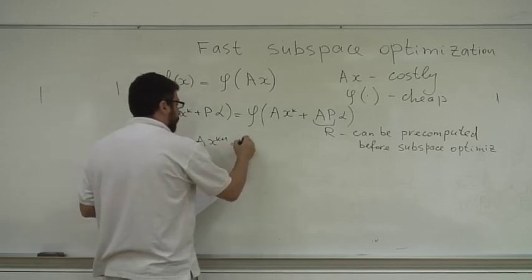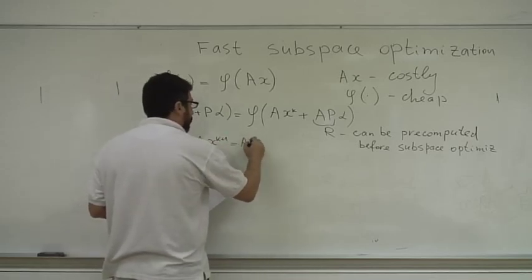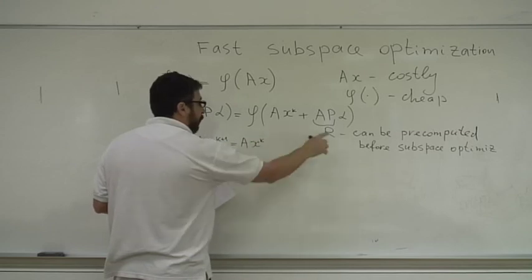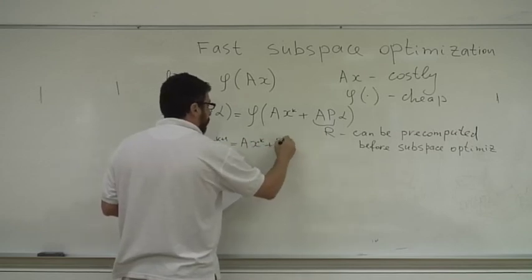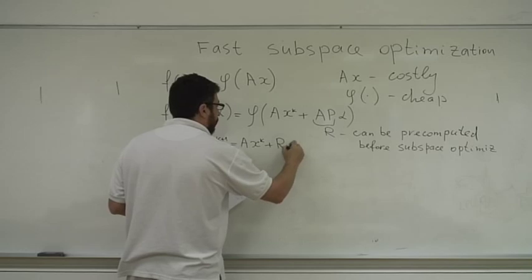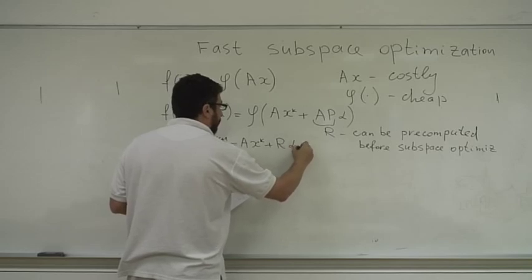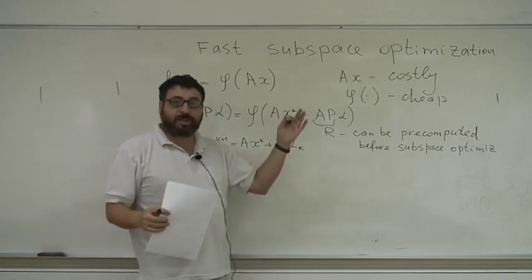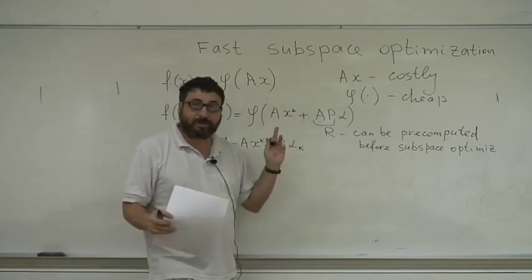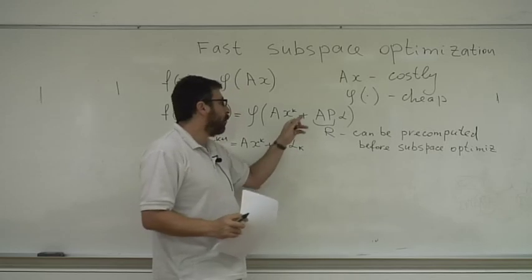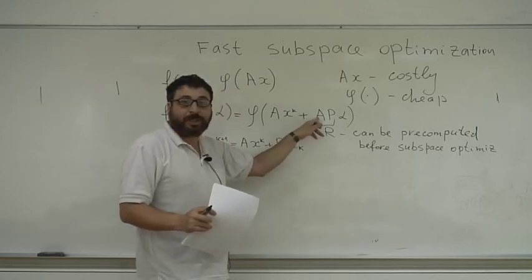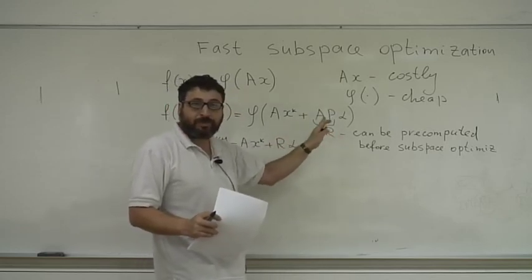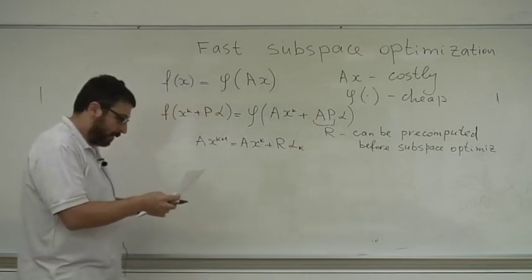I just need A times (x k plus R), which I already have, multiplied by alpha k. So actually, at every iteration of the subspace optimization method, I need just one multiplication of matrix A by a new column of R. And that's all.